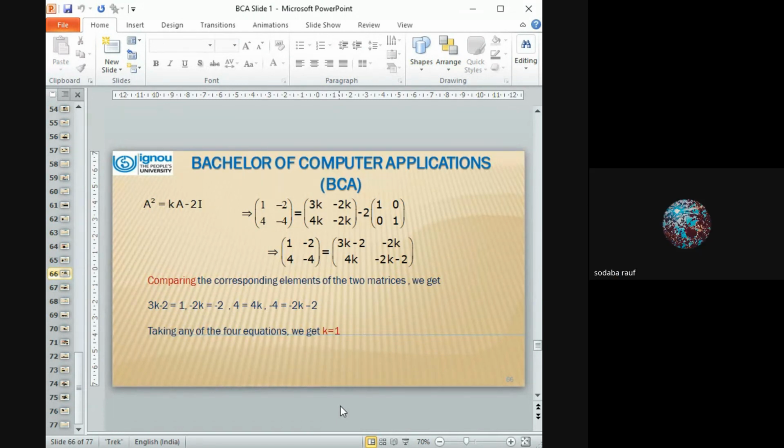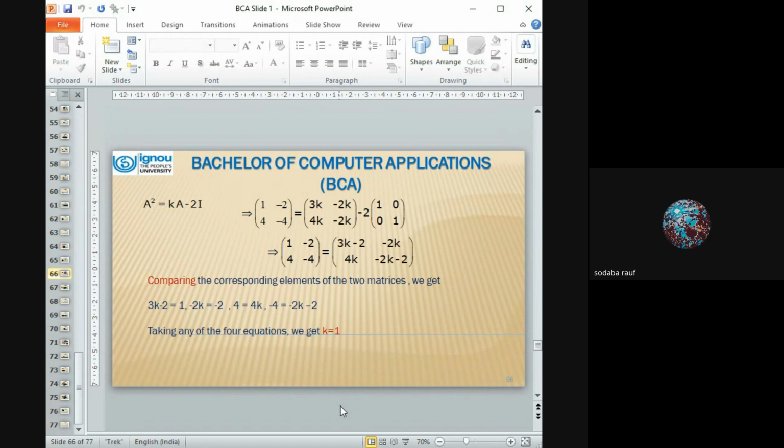Sir, when two matrices have the same order, we can say that these two matrices are equal to each other. And when two matrices are equal, every element is equal. For example, 3k minus 2 equal to 1, 3k equal to 1 plus 2, 3k equal to 3, k equal to 1.